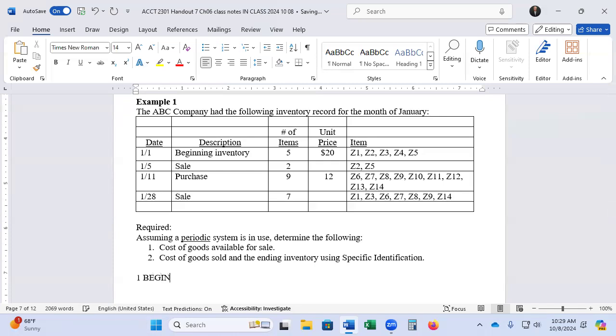Remember, beginning inventory plus your purchases minus purchase returns and allowances equals your cost of goods available for sale.